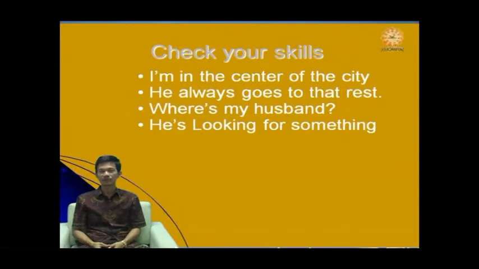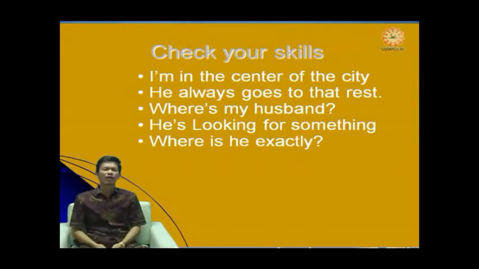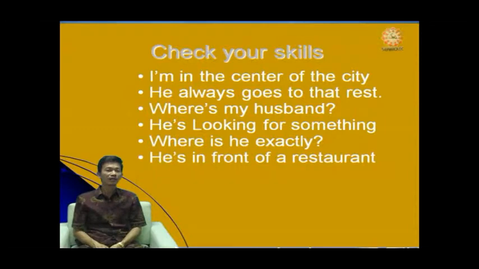How do we know? There is to be plus verb -ing. He's looking. Next. Where is he exactly? Good. This is also a sentence in the form of present simple. Next, he is in front of the restaurant.